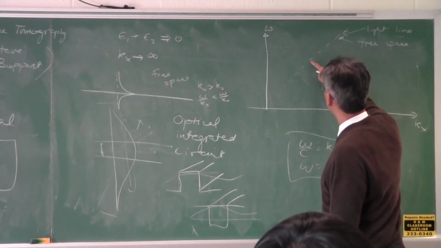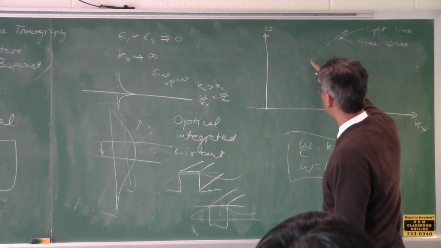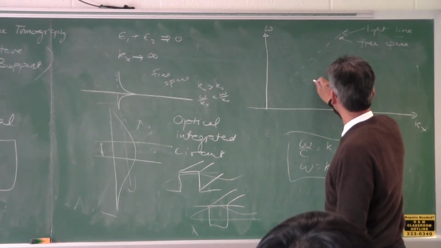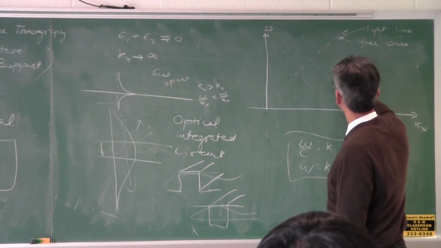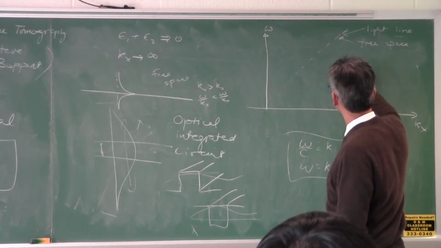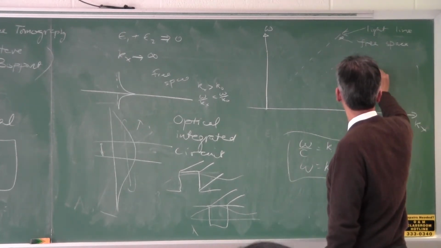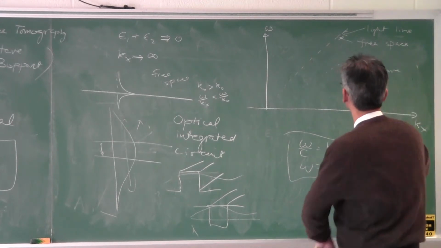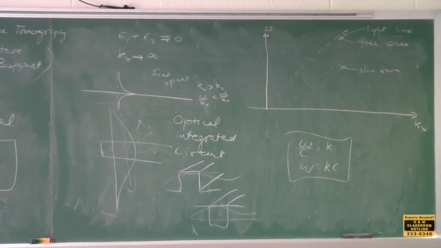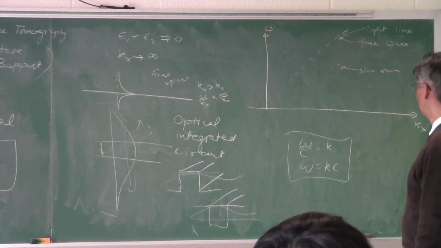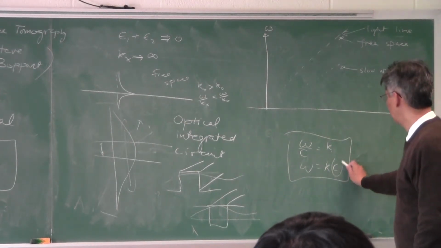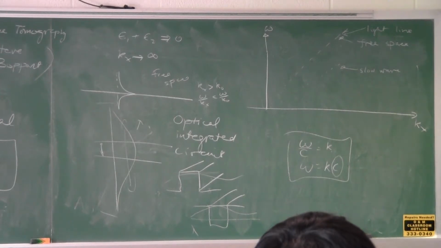So if k naught is larger over here, this line must have a slower slope. Am I right? The velocity of that line will be slower. Because the slope of the line is c, right? So if the slope is lower, the smaller the velocity.